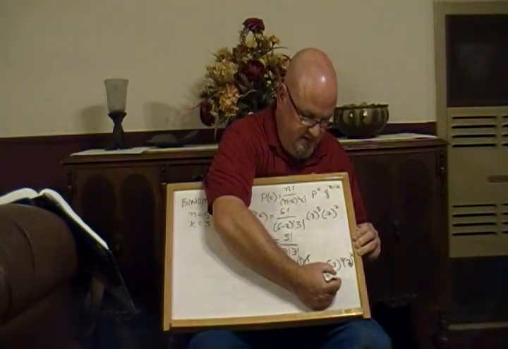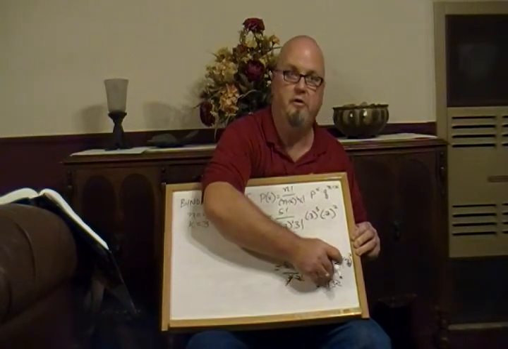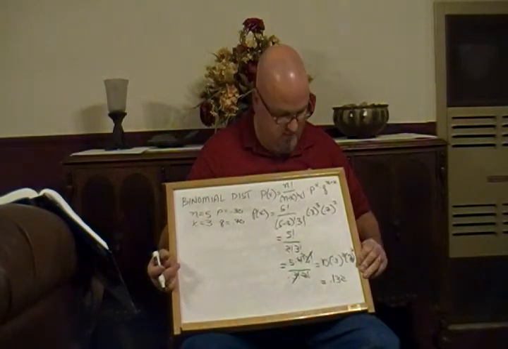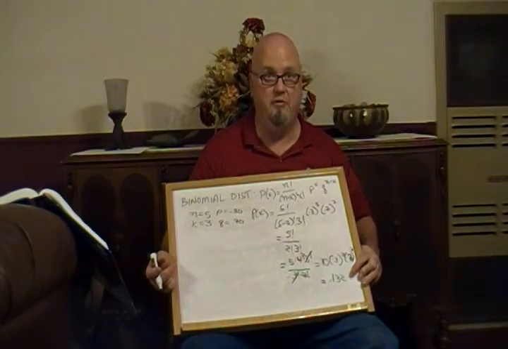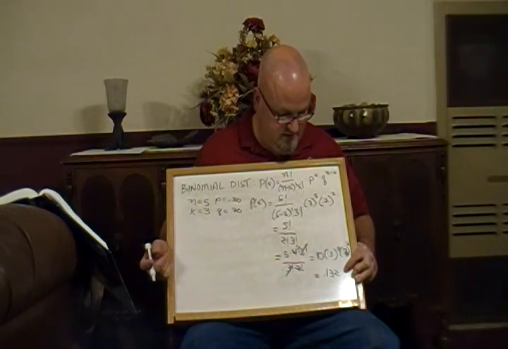So the probability that 3 teenagers are selected is 0.132 or 13.2%. And repeat this for x equals 4 and x equals 5 again. You get 3 different probabilities. You add them all together, and that gives you your at least 3. And that's all.